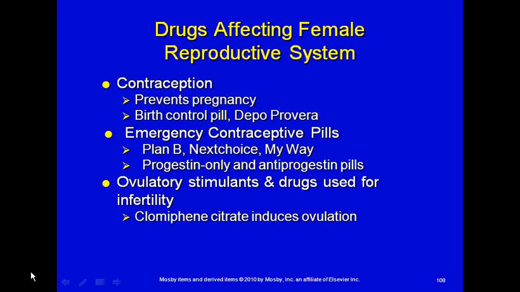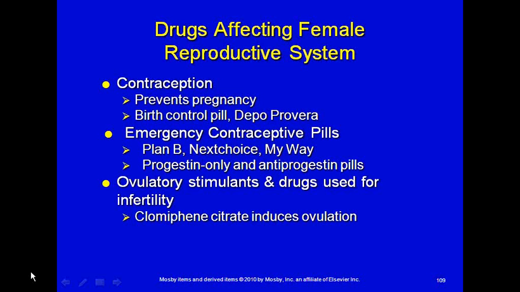Drugs affecting the reproductive system. Contraception is the prevention of pregnancy. So certainly there are drugs that can be taken, like birth control pills, Depo-Provera shots, that have effects in reducing the chance of pregnancy. And then there are emergency contraceptive pills.